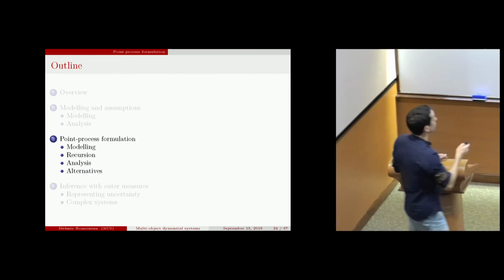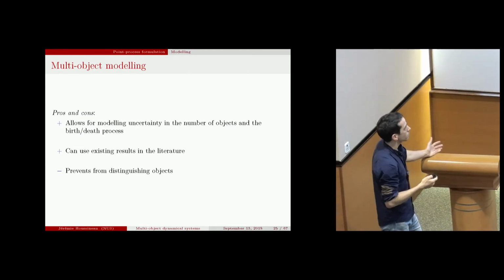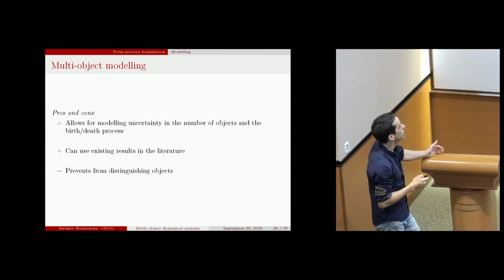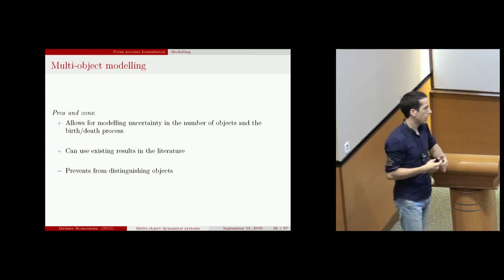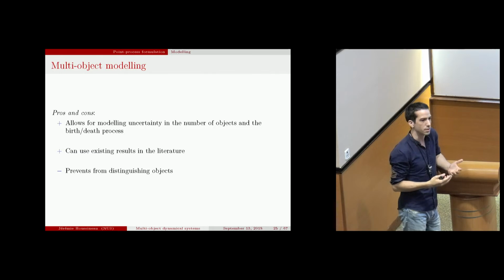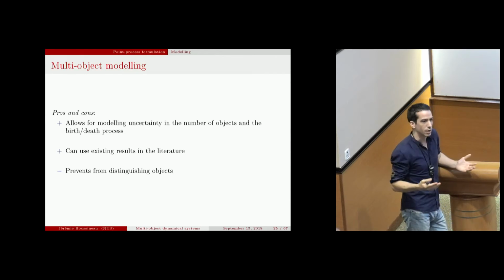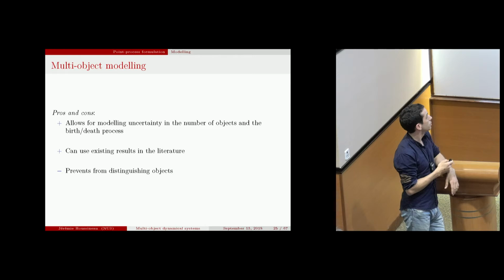I've been working mostly on this during my thesis. It's nice because it's very natural to model birth and death with point processes. It's meant for things that change in size. So that's nice.